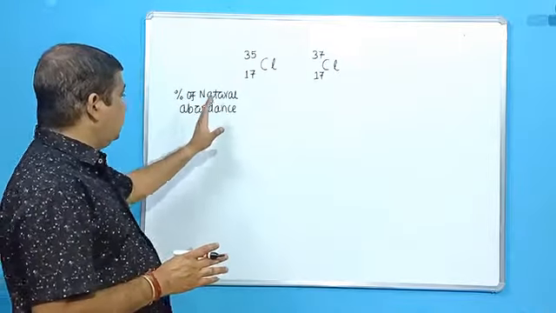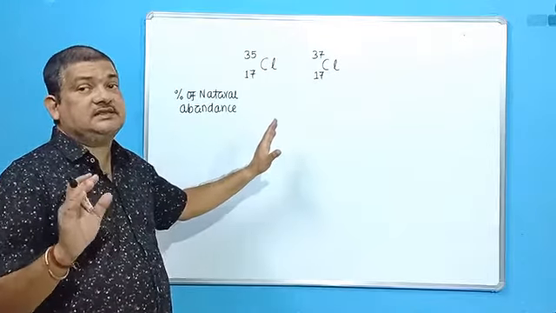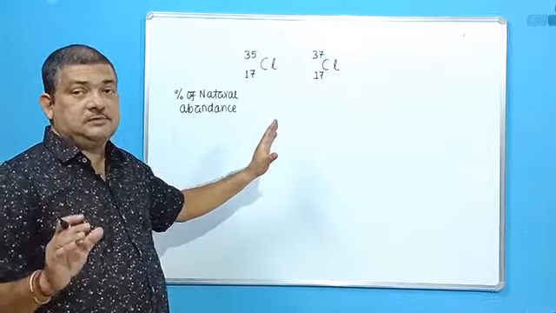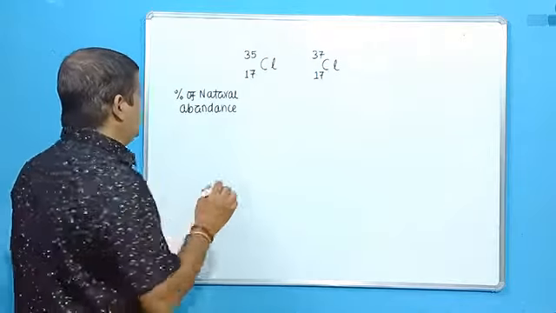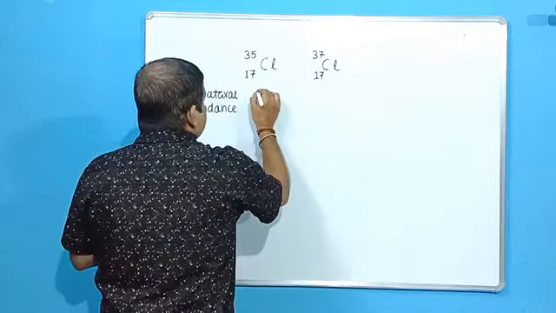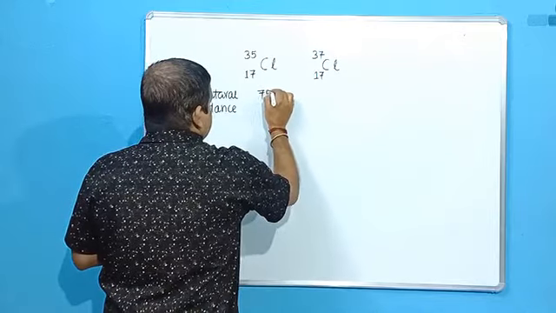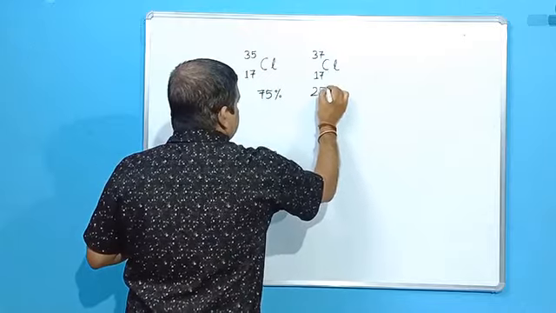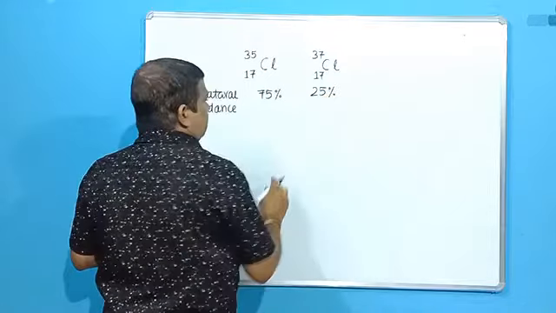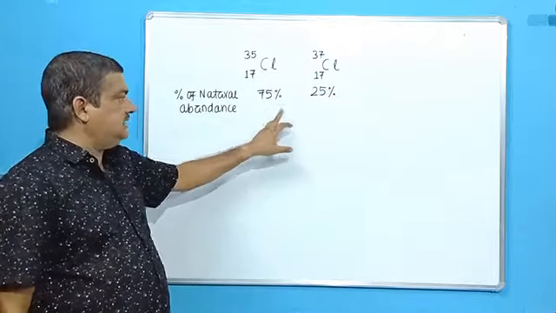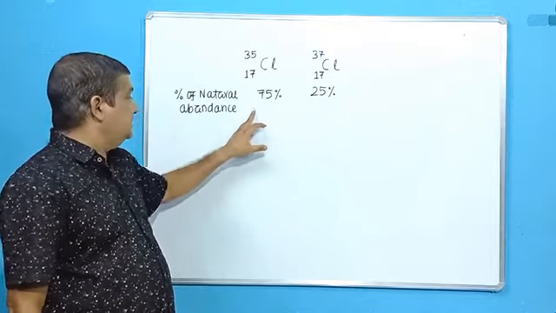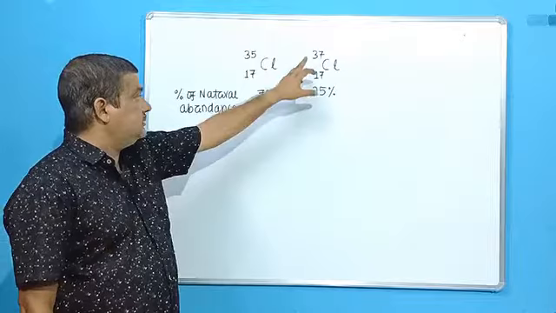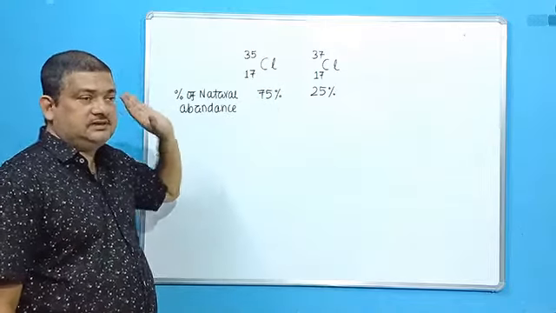In how many percentage are these two isotopes available in nature? This one is present in 75%, and this one in 25%. So the natural abundance of chlorine 35 is 75% and chlorine 37 is 25%.